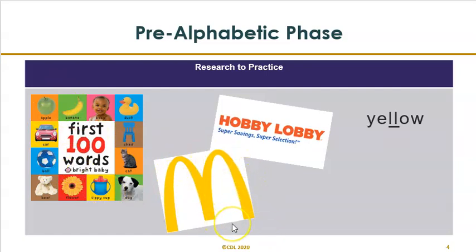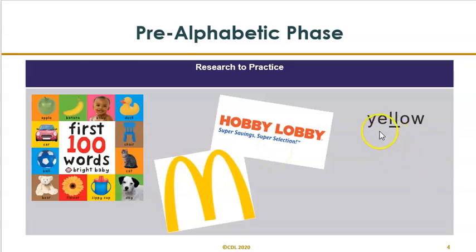Everyone is very familiar with the golden arches, and they know before reading that that stands for McDonald's. And my boys, they definitely know that if they see this sign, it's Hobby Lobby. Students might also look at this word yellow and start recognizing, well, they see two long lines next to each other.